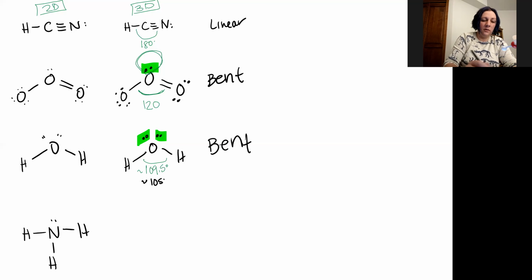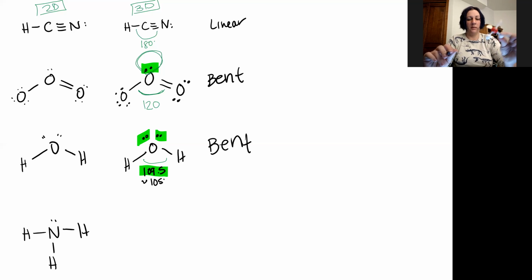So for the purposes of my class, I'm happy with everything that has 4 things around it, whether it be a lone pair or a bonded atom. It's 109.5. Knowing that if it's a lone pair, it'll take up more space than a bonded atom and give you something smaller, like maybe 105.